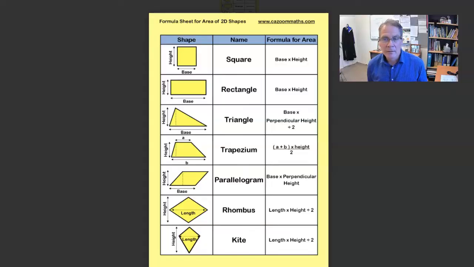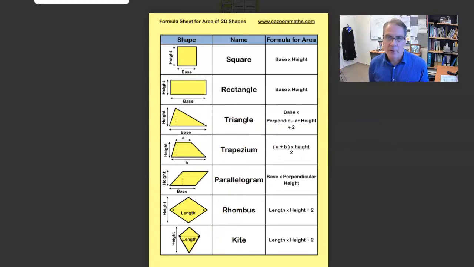So here's the benefit. There's a cheat sheet that you can use, and they're the formulas of volume. So once you understand what the terminology is about, once you understand the concept, then you can use the formulas with confidence. So let's pull up on the screen the formulas that you're going to use. So there they are. You have square, rectangle, triangle, trapezium, and rhombus, and particular sorts of shapes.